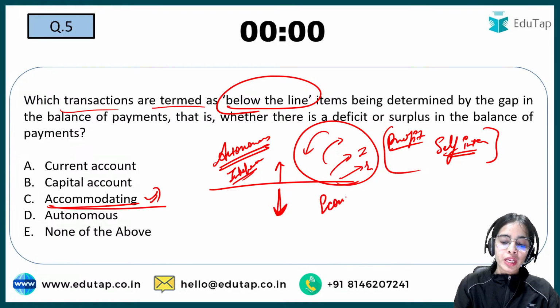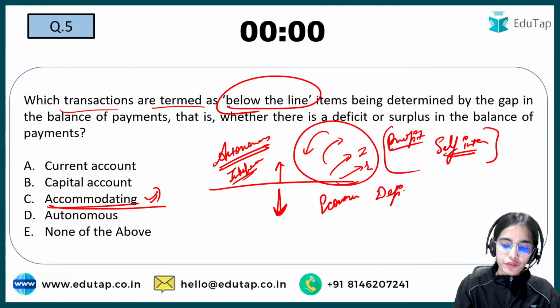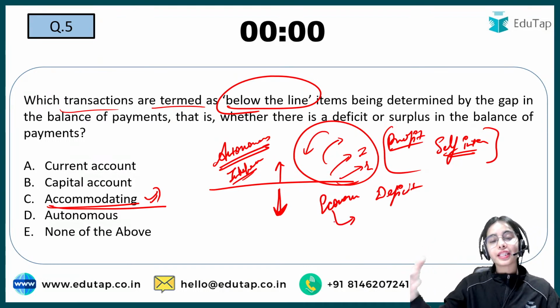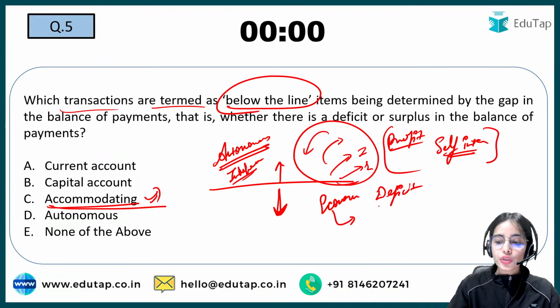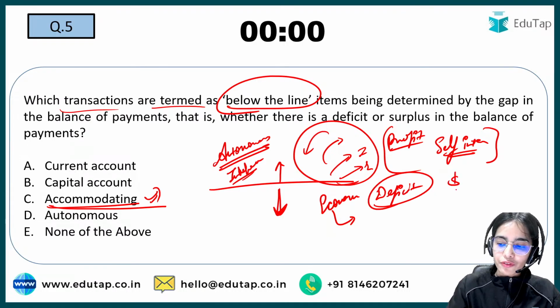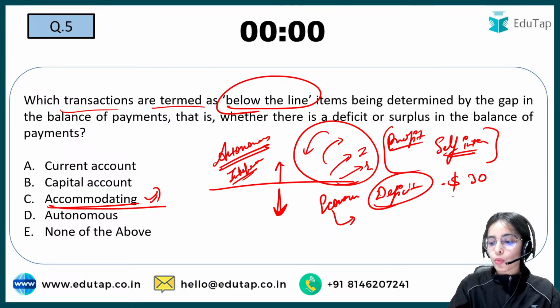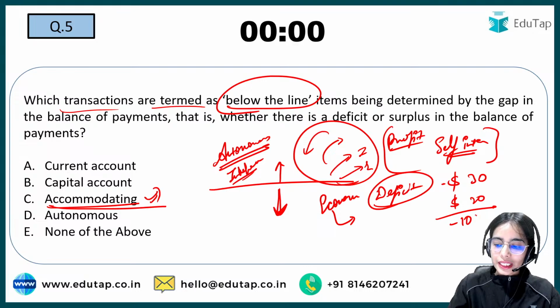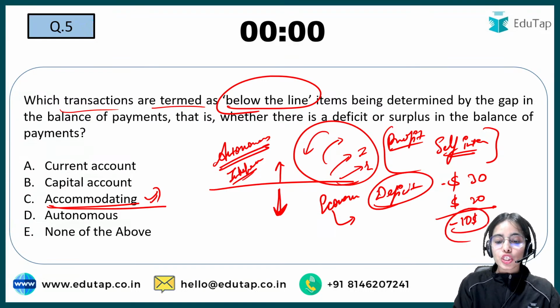If the economy is facing a deficit, that means we have sent more money outside than what we have received. So in this case we have a deficit, that we have imported $30 worth of things while the export is only $20. That means $10 is the deficit that we are facing. So accommodating transactions happen to cover this deficit or to cover the surplus.